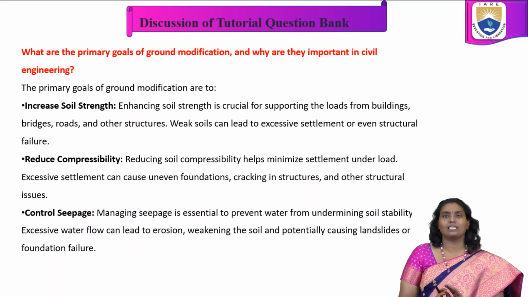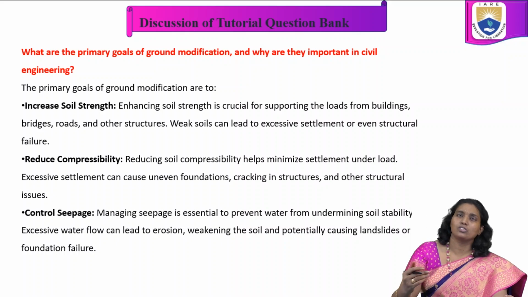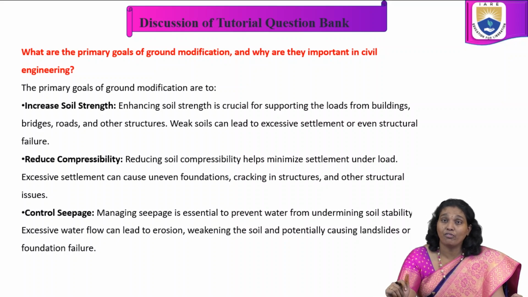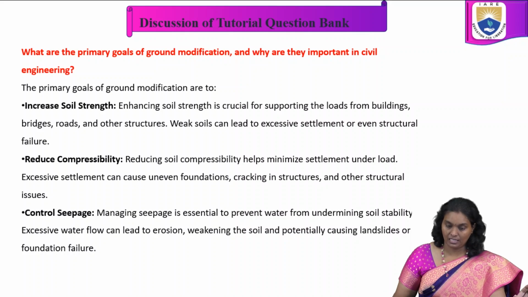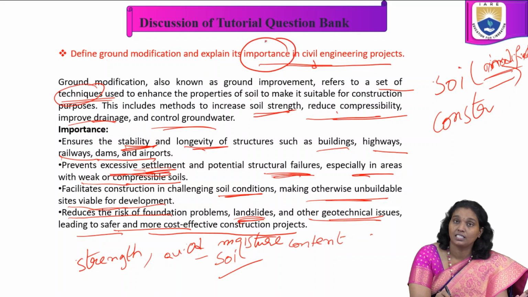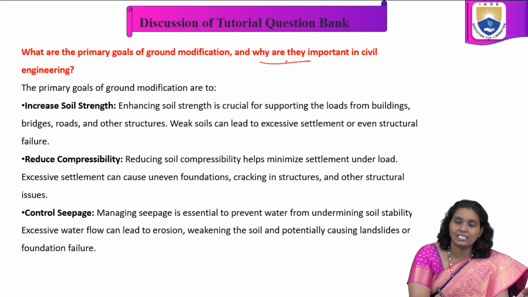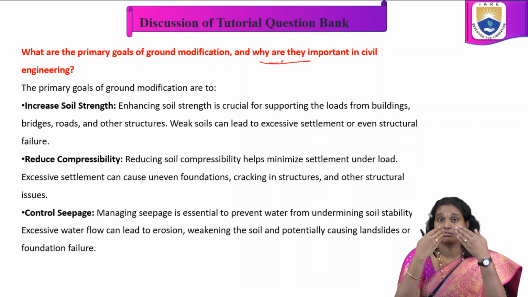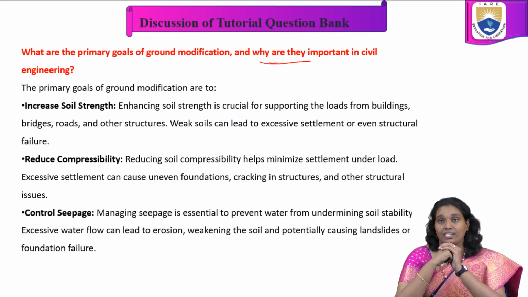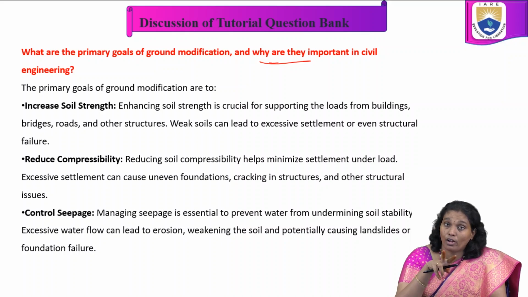Now, what are the primary goals of ground modification and why are they important in civil engineering? This is another type of question. Previously also it was about importance, so please make sure to explain importance here. Both are the same, but the way we represent them differs.